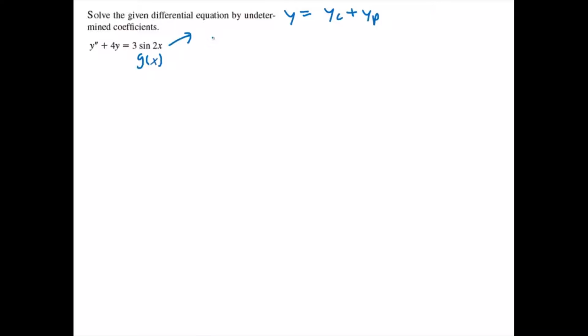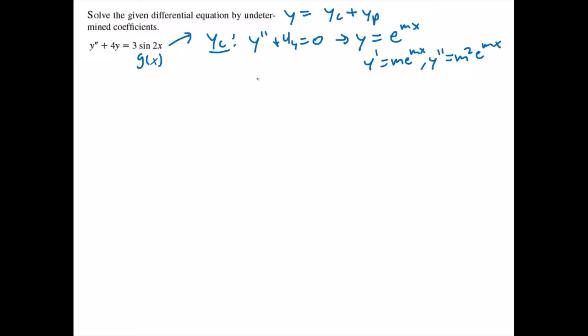but what we'll want to do for the complementary solution, so to find y sub c, is we'll want to solve y double prime plus 4y equal to 0. And for an equation such as this, a homogeneous one, we can let y be equal to e to the mx. So in this case, y prime will be m times e to the mx, and y double prime will be m squared times e to the mx.